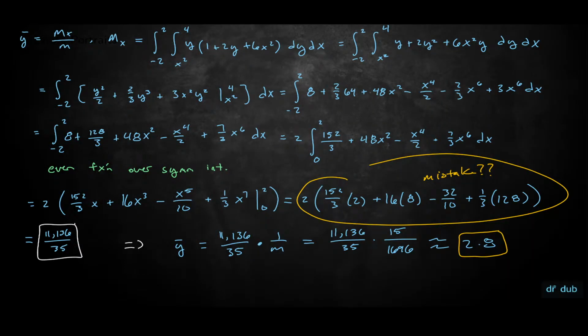So now, how did I forget or miss this computation? What did I mess up? Distributed the y. Two y squared, 6x squared y.